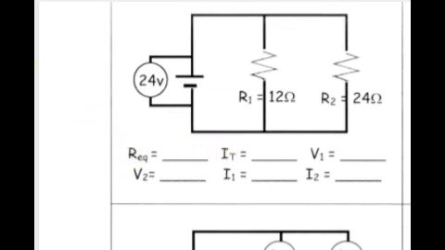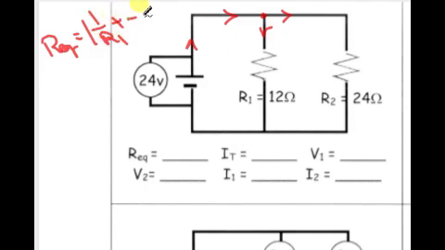And how can we calculate the R equivalent if it's parallel? Someone can ask me why it's parallel. Because it has many paths, not only one path for the current. You see this point? The current here is distributed or divided, so that means it's parallel. And in the parallel, R equivalent is equal to 1 over R1 plus 1 over R2, all to the power negative 1.